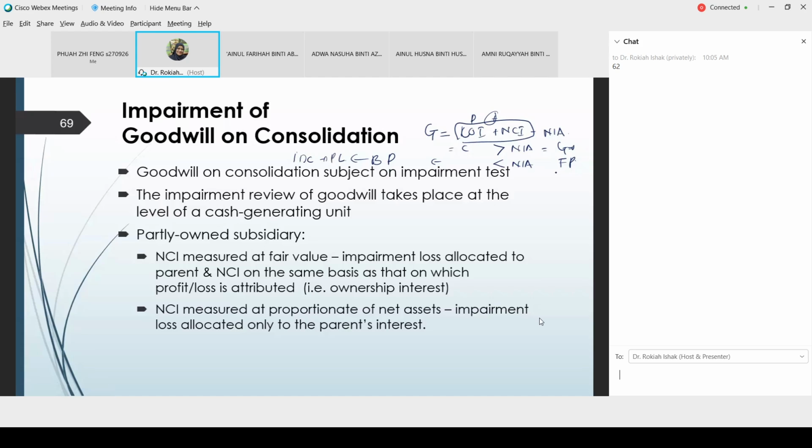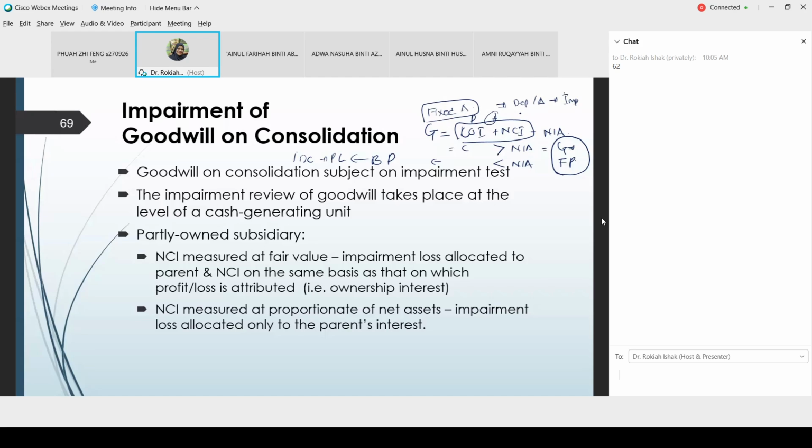So what we are going to focus on here is the case where you have goodwill, when COI plus NCI is higher than the net identifiable assets. Your goodwill is a part of your non-current assets, or fixed assets, which are subject to depreciation or amortization and also to impairment.